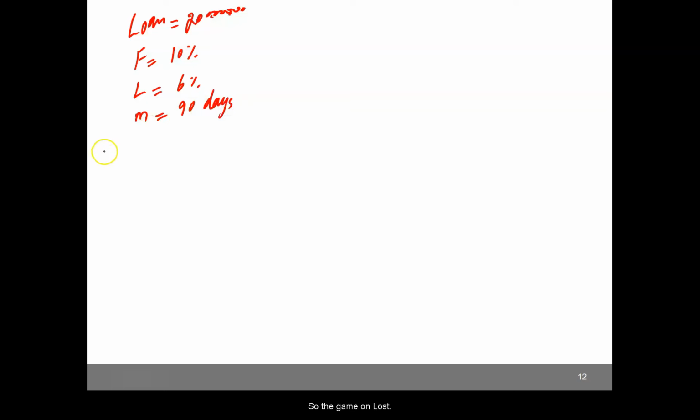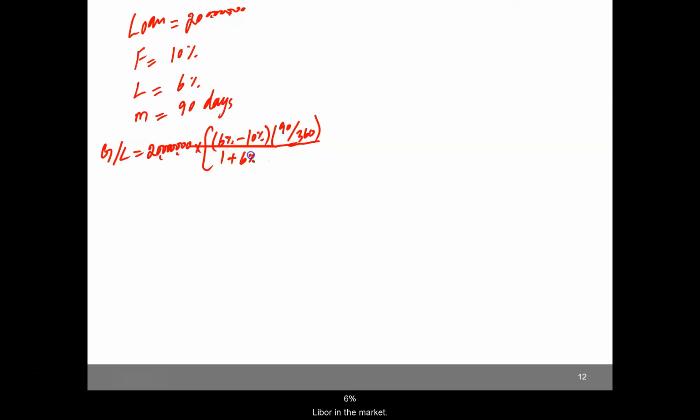So the gain or loss from the FRA will be equal to 20 million, the loan amount, multiplied by the 6% LIBOR minus the 10% fixed FRA rate, and then 90 divided by 360, that is the loan period, divided by 1 plus the 6% LIBOR in the market, multiplied by 90 divided by 360.